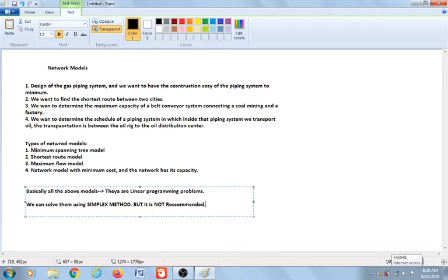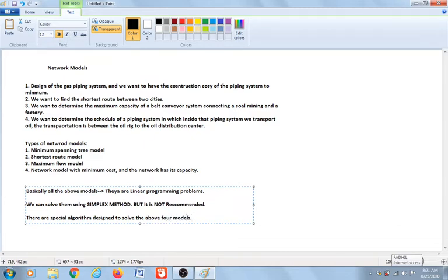Why is it not recommended? Because there are special algorithms designed to solve the above four models.